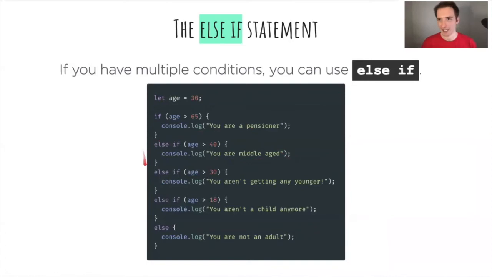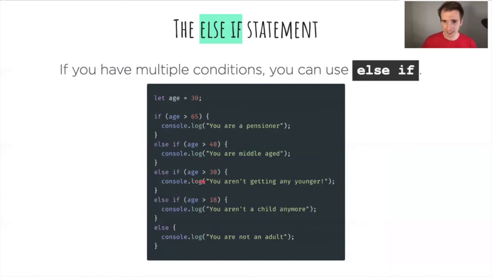Okay, so this is checking essentially, is somebody between 40 and 65 because they're not over 65. And here we're checking, okay, since you're not over 65, are you over 40? So this is 40 to 65. If the age is in that bracket, then we get console log of you're middle-aged. Then we're checking, okay, you're not over 65, you're not over 40.